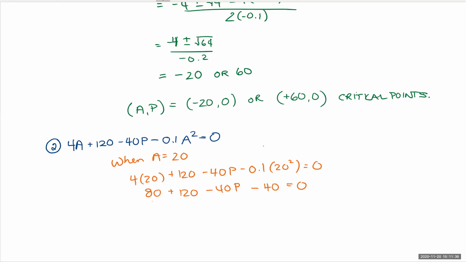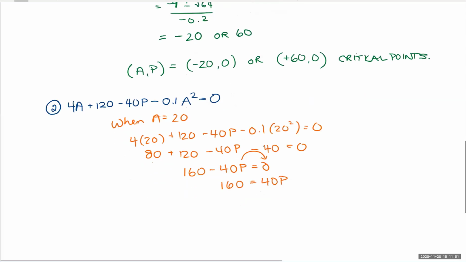All of this combines to give me 160 minus 40p equal to 0. I move 40p to the other side. I get 160 is equal to 40p. Dividing both sides by 40, I then get p is equal to 4. So there's a singular solution here: when a is equal to 20, p is equal to 4, so I get one more critical pairing. A, P would be equal to 20, 4. So I have 3 critical points.